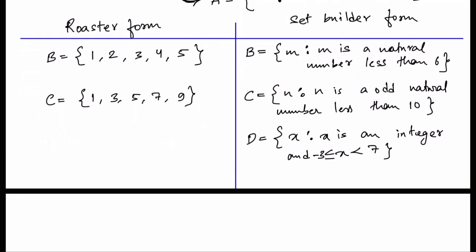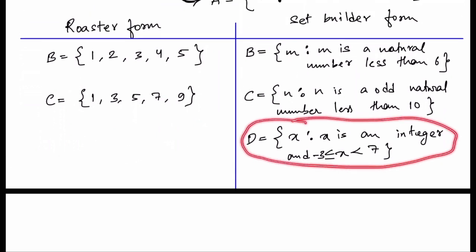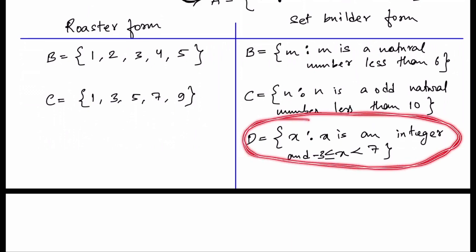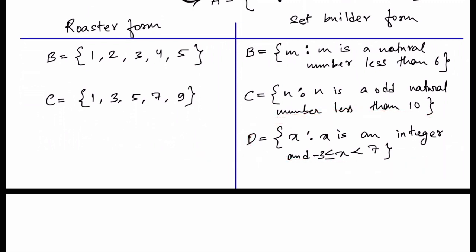Now in this case, the set is given in set builder form. Now we will write the roster form. How to write the roster form? Simply we can read out that x is an integer, so other than integers there won't be any element here.